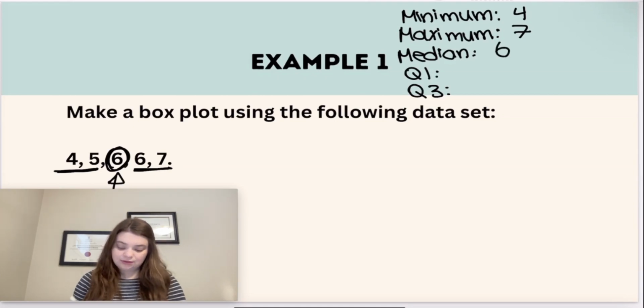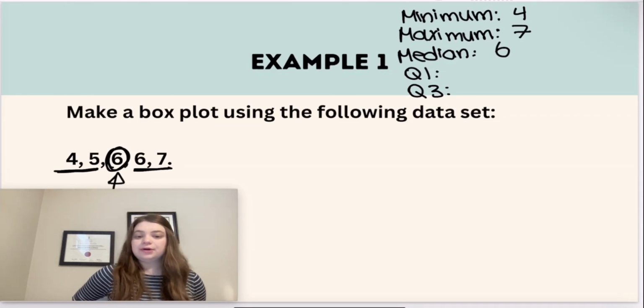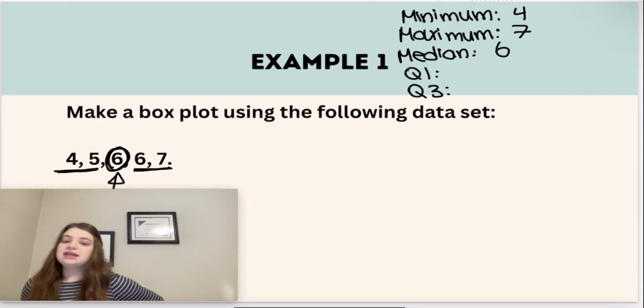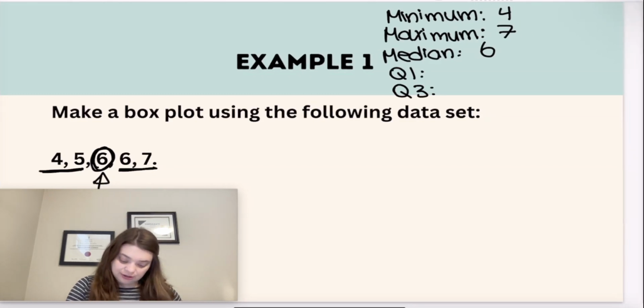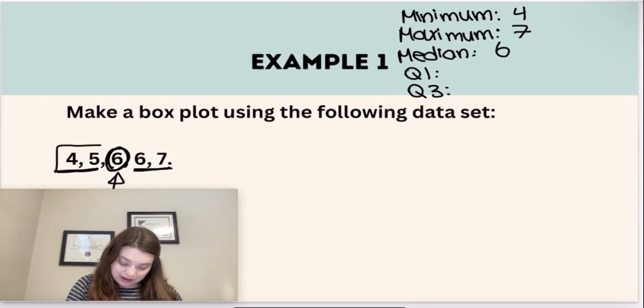All right, and then what about Q1 and Q3? What do those things mean? Q1 is the median of the lower half of the data, and Q3 is the median of the upper half of the data. In this case, there's only 5 data points, so we don't have a single middle number, because we have 2 numbers for each of these.